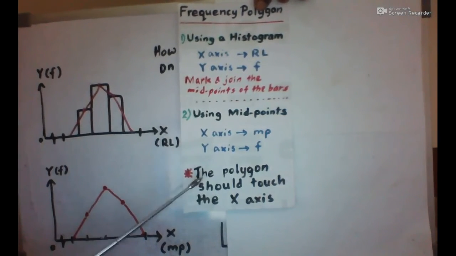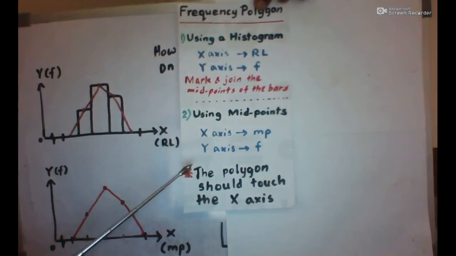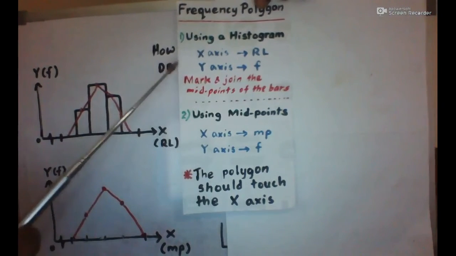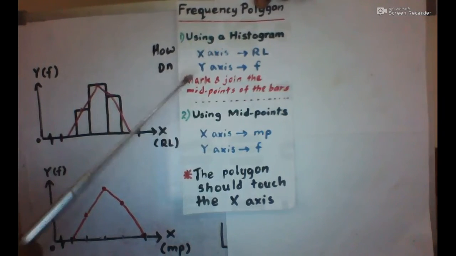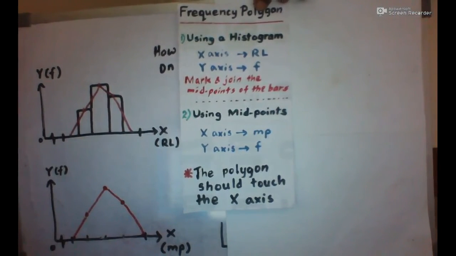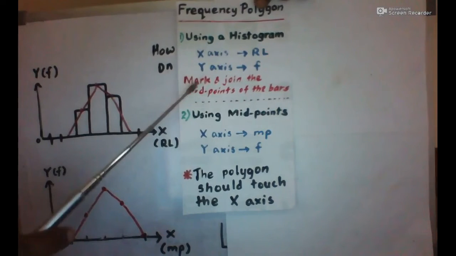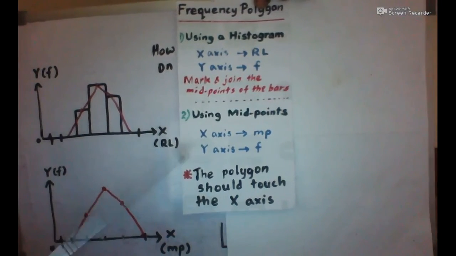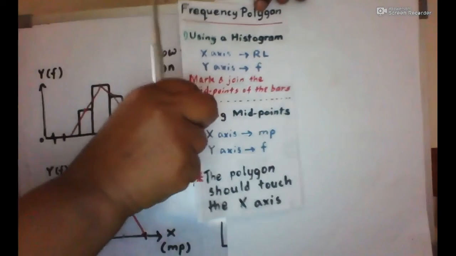Simply they will ask, draw a frequency polygon on the set of data. In that situation, you can select either this method using a histogram or using the midpoints, right? So both are correct. If they have not mentioned a particular method, you can select one of these. If they have mentioned a particular method, we have to draw accordingly.